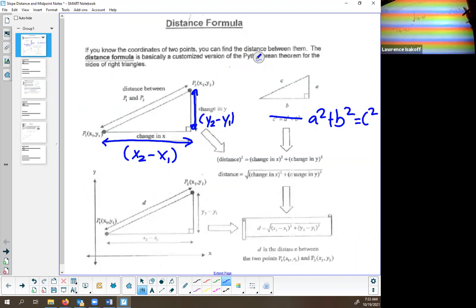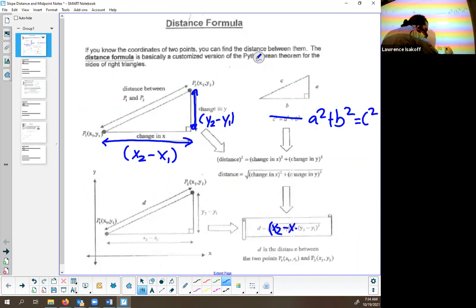So a squared plus b squared equals c squared. So here, this side length here, that's going to be our c squared. Now, I got to square this and this together. So that gives me the distance formula that we're talking about here. It's really hard to see this, but I'm just going to write right over this.